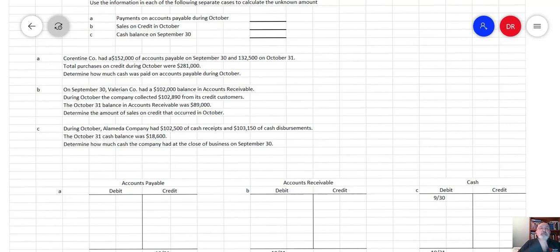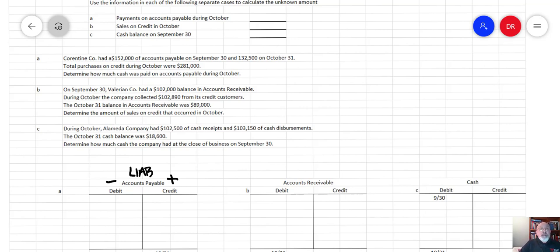Total purchases on credit during October were $281,000. Determine how much cash was paid on accounts payable during October. Well, to figure this out, we need to remember this is a liability account, and it increases with a credit and decreases with a debit. So that's where we start.